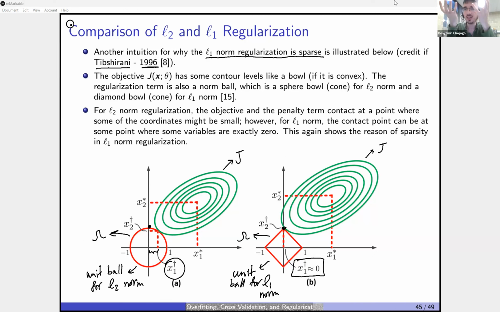It's like a diamond that you can't even hold in your hand. When the cost touches one of the sharp vertices, many of the dimensions become zero. So here, one of them became zero, but in that case, maybe many of them become zero. That's why L1 norm regularization makes it sparse. It sets many of the dimensions to zero. That's L1 norm regularization. This is a comparison credited to Tibshirani.